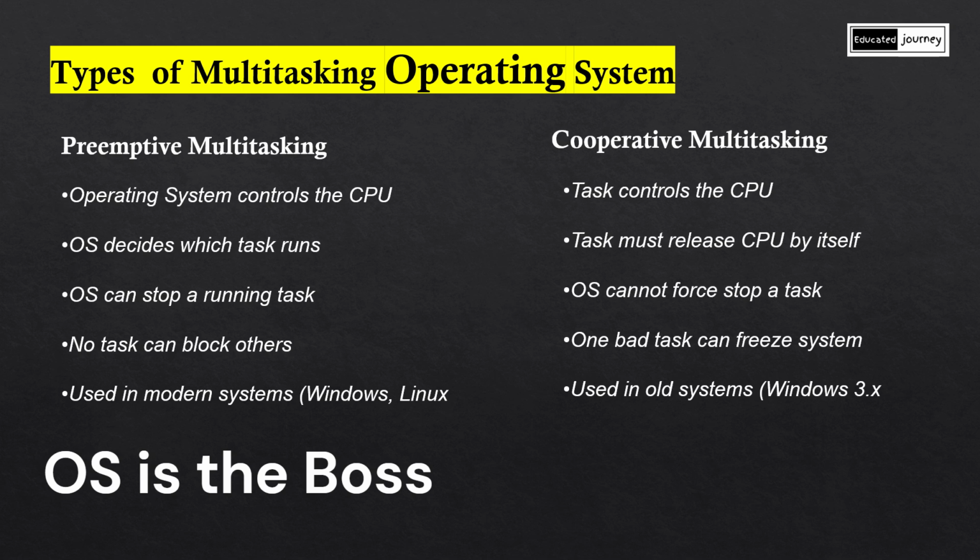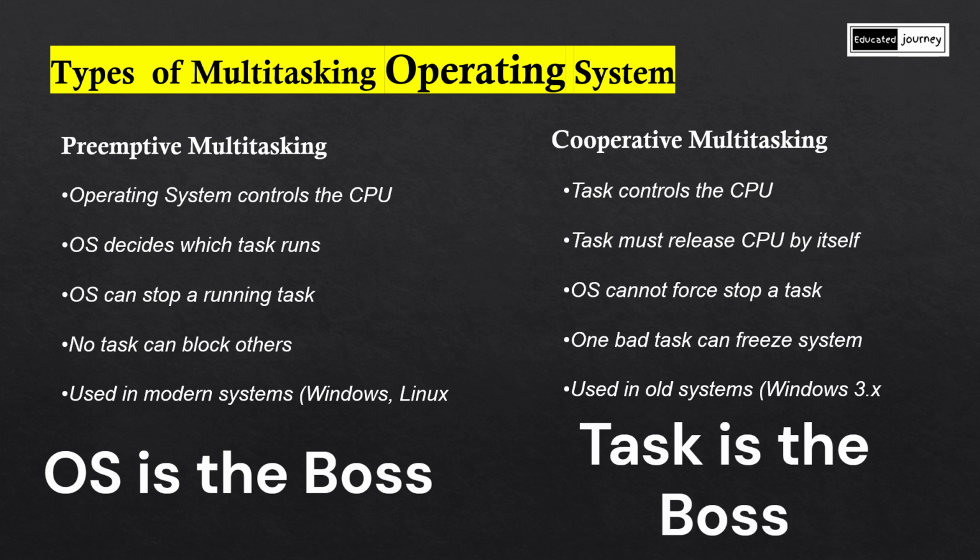That's why it is called cooperative multitasking. This type of operating system was used in older operating systems like Windows 3.x. So here, if one app forgets to stop, the whole system may freeze. We can say here that the task is the boss in cooperative multitasking.